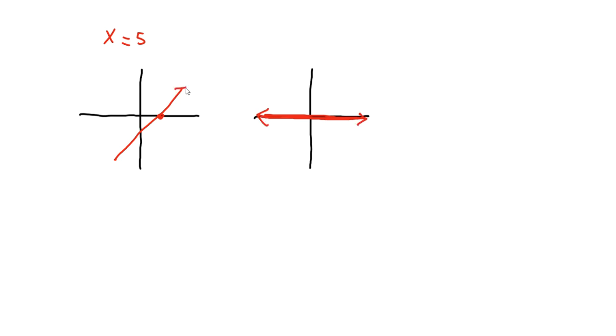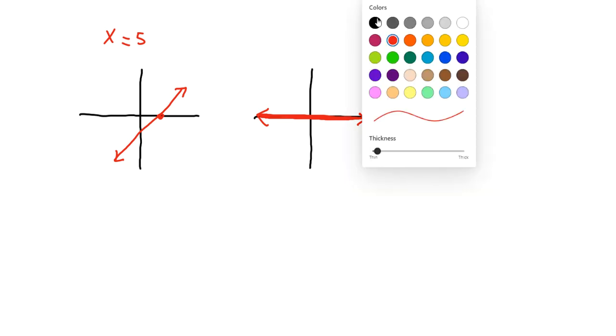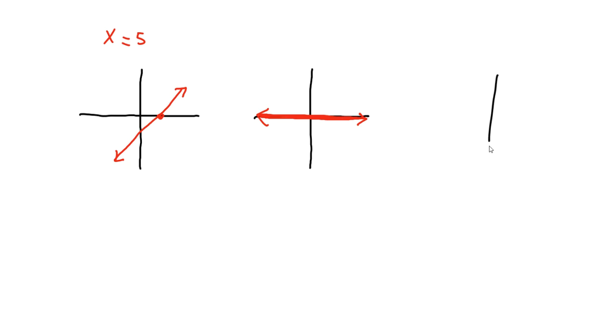Because it's touching the x-axis, the solution, the root of the equation, is all real numbers every place that it's touching the x-axis. We have one other possibility if we had a Cartesian coordinate system.